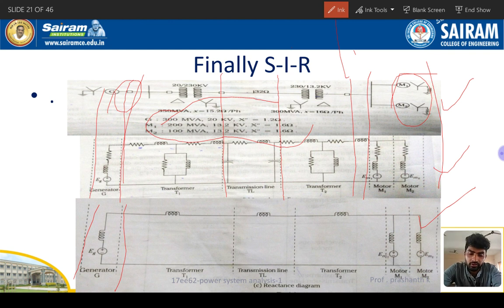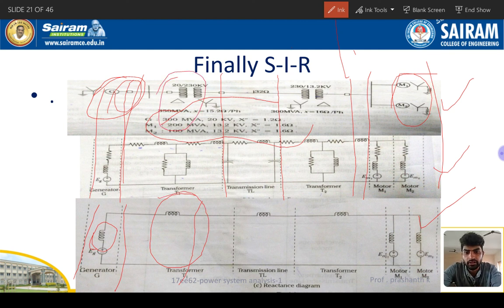Already I told you the assumptions made for drawing the impedance diagram and then the reactance diagram. In the reactance diagram, all the parallel terms must be eliminated. Only the indication of reactance must be there in your diagram. This one is a generator, and this one is a transformer.